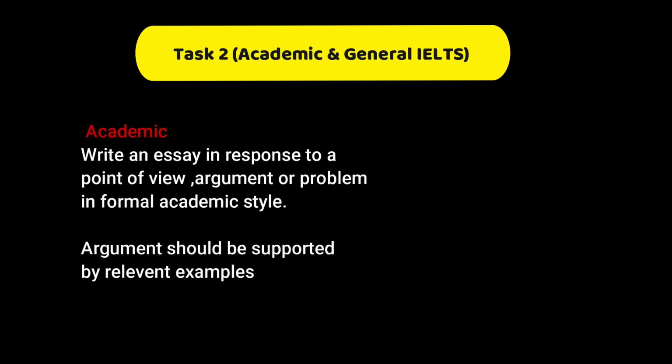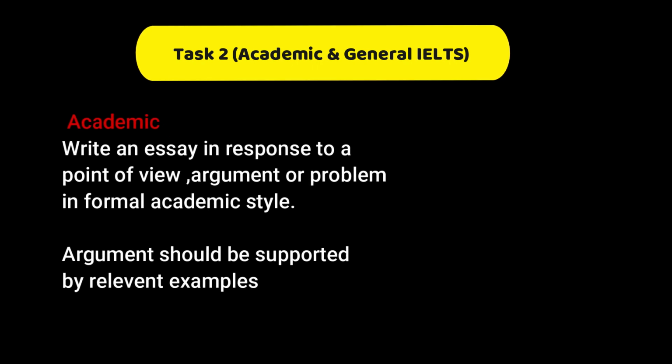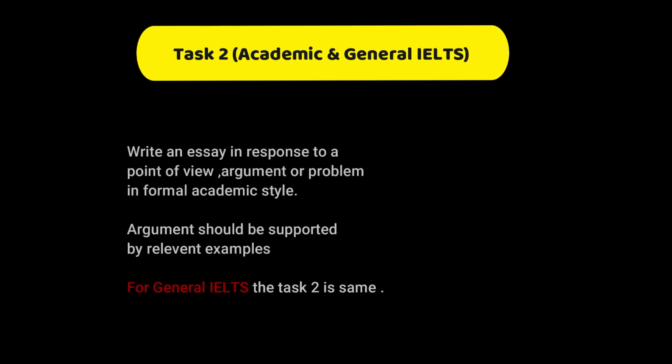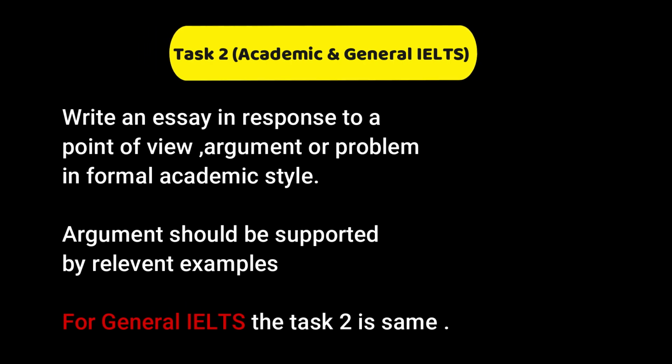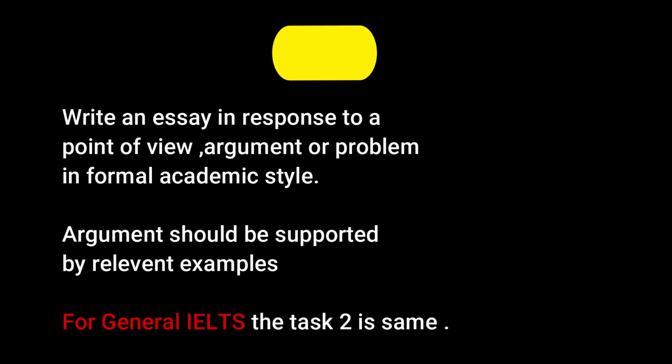Candidates would be asked to write an essay in response to a point of view, argument, or problem in formal academic style. Argument should be supported by relevant examples. General. The task will be the same. There is no difference. So in the writing section, only task 1 is different for academic students and general students.